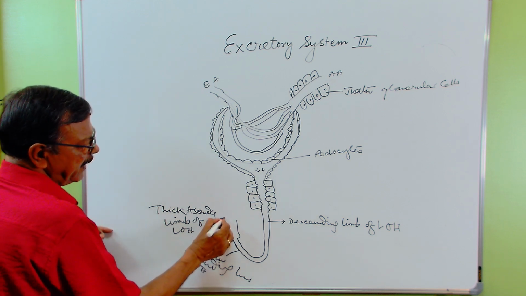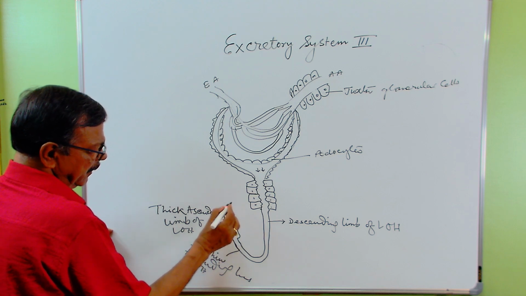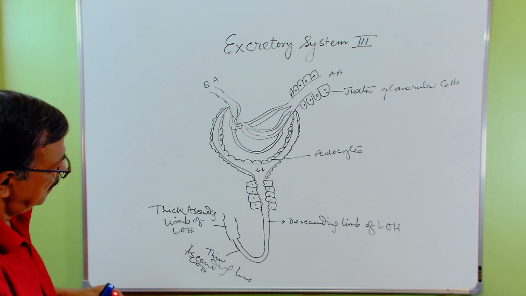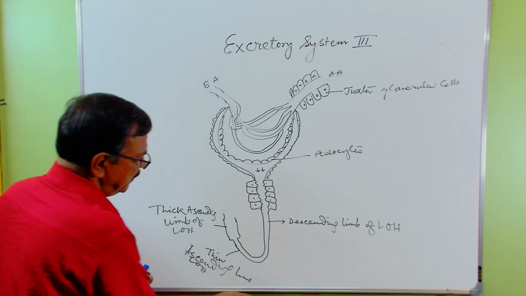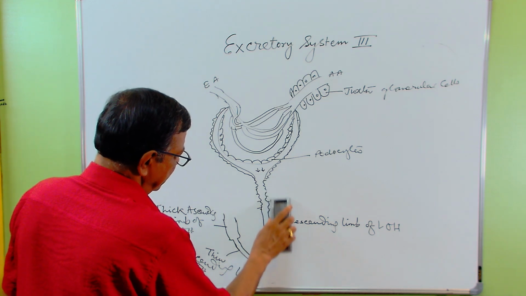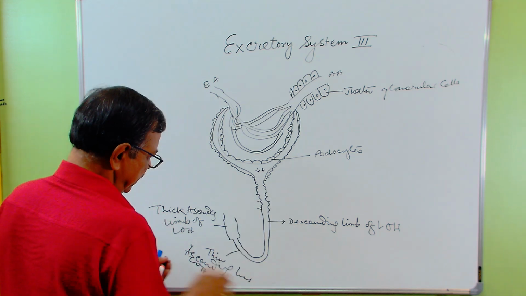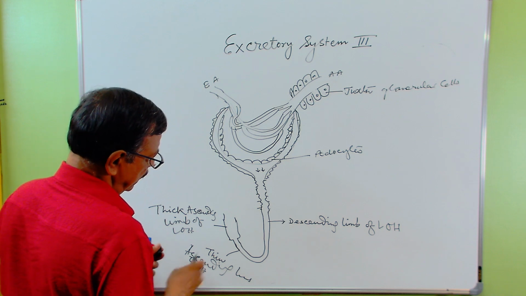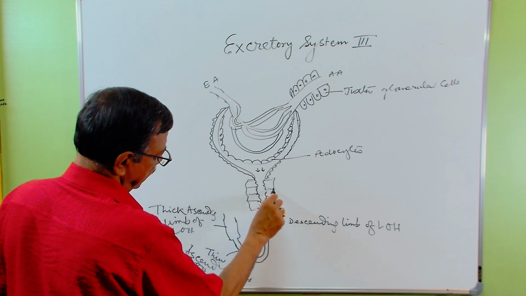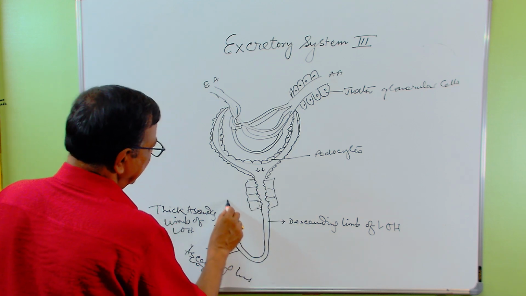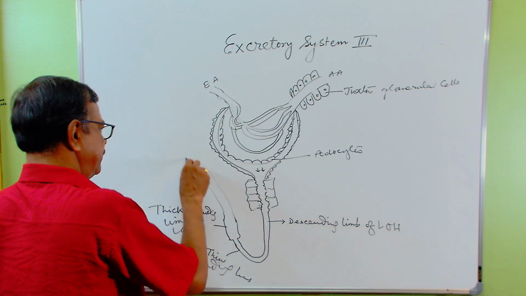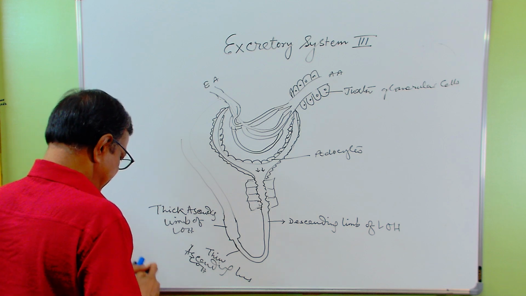Now this loop of Henle again comes to the proximal convoluted tubule. This is proximal convoluted tubule. They again come in contact.